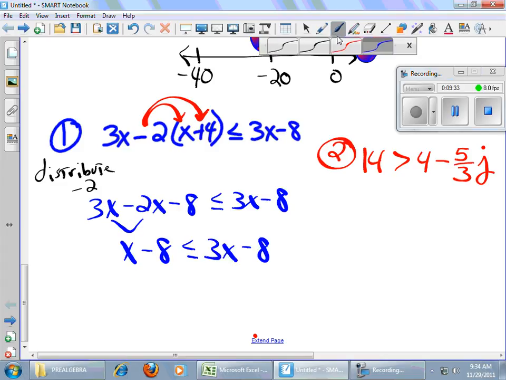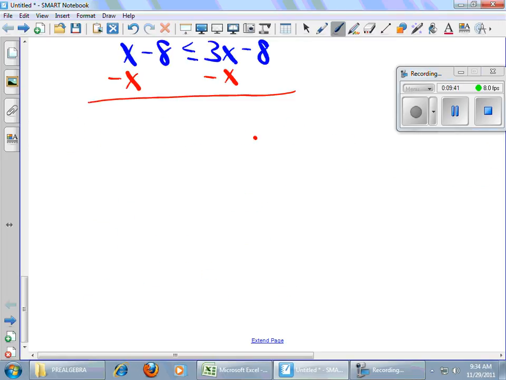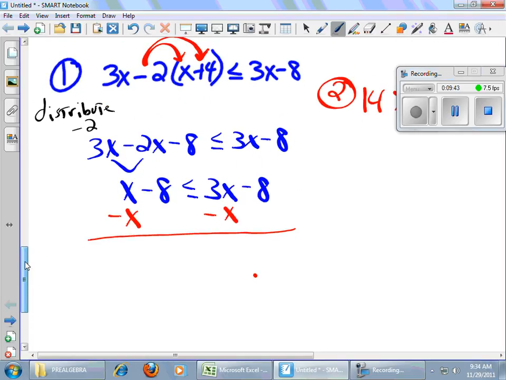I don't like the fact that there are x's on both sides, so I will take away one of the x's. When I do that, I end up with negative 8 less than or equal to 2x minus 8. I'm finally down to a 2-step equation.